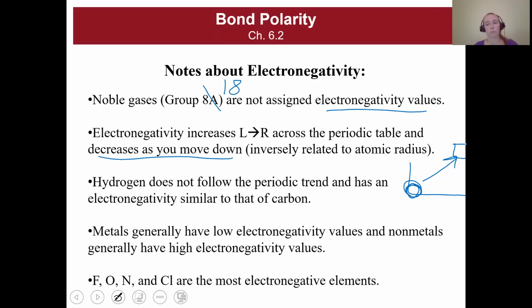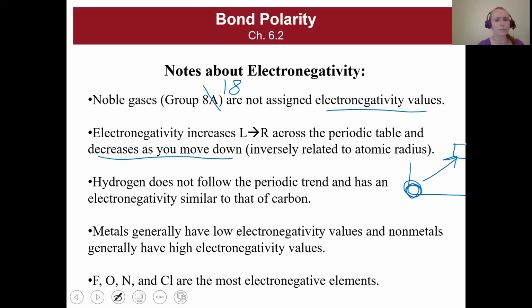So those electrons are attracted to the nucleus because they can get closer to it because we have a smaller atomic radius. So electronegativity is inversely related to atomic radius.